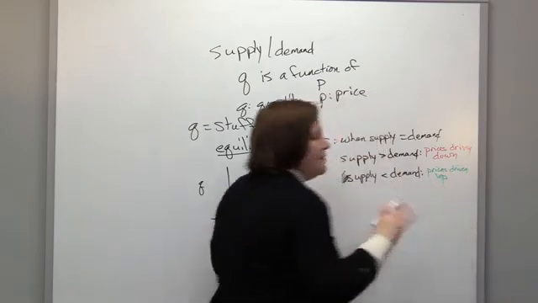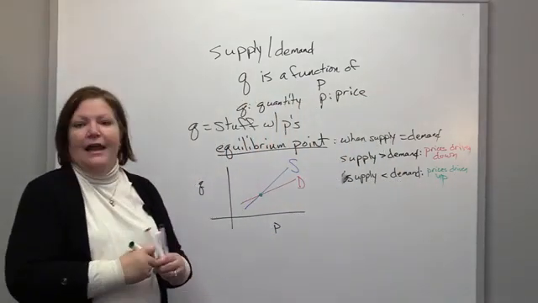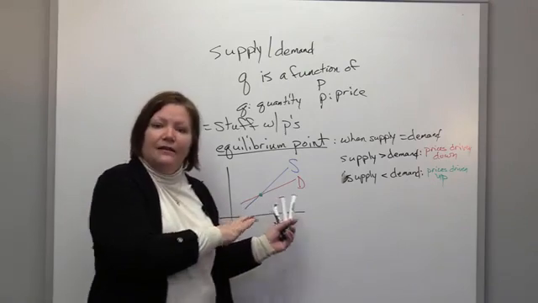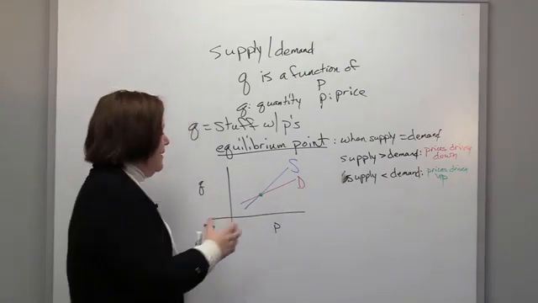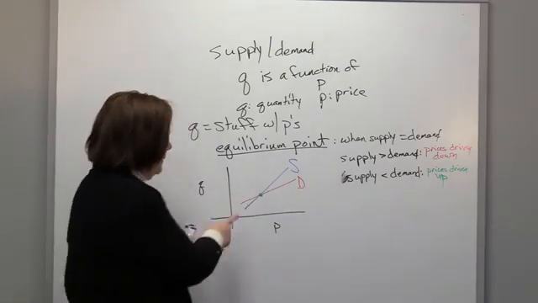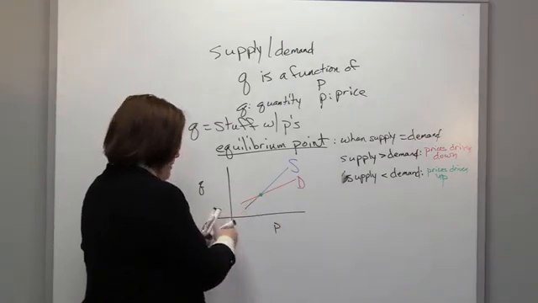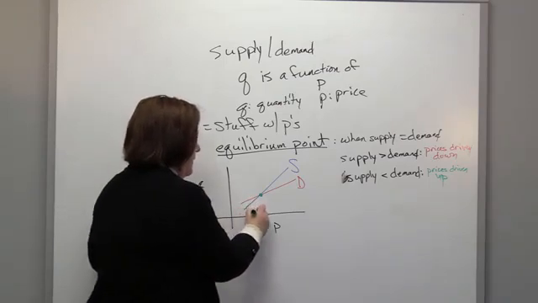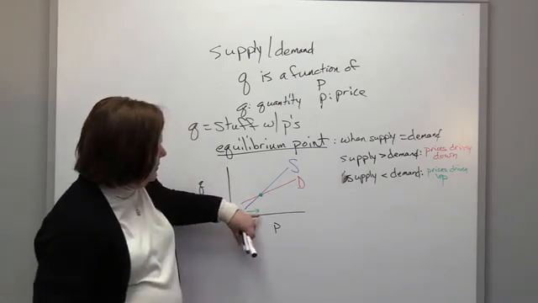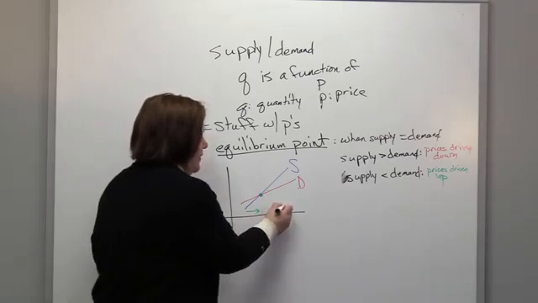This is the most basic model. Not every item follows this model, not every economy follows this model, but this is our most basic model. So when demand is bigger, in other words, supply is smaller, the price is going to be driven up closer to the equilibrium point.